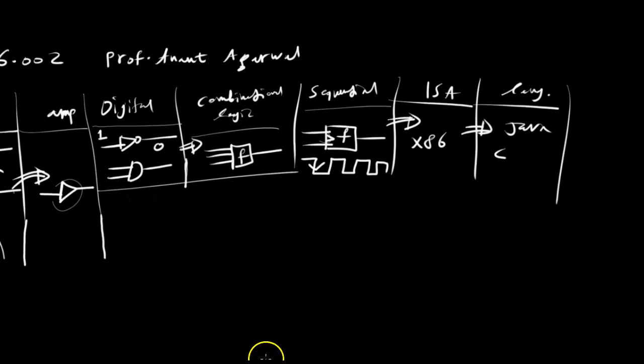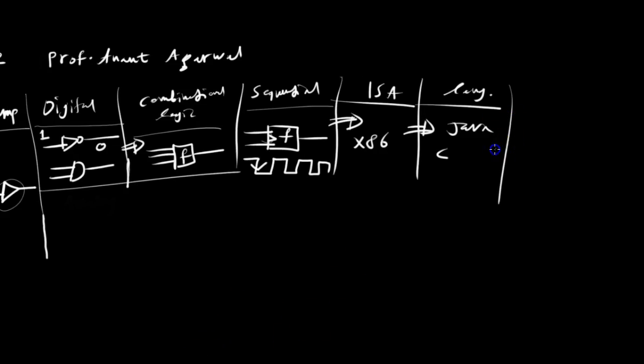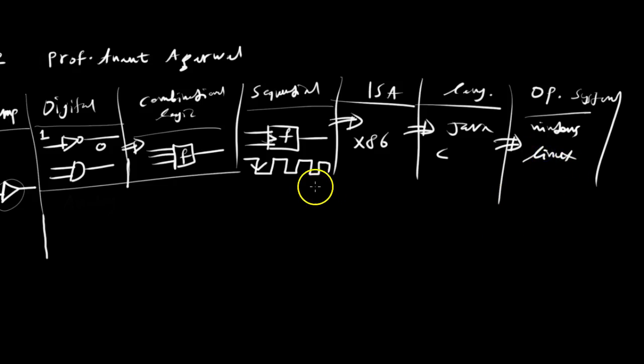And then after that would be another layer of abstraction, which would be operating system abstraction. So an example would be Windows or Linux and other operating systems. So I want you to notice something as we look at what happened here.